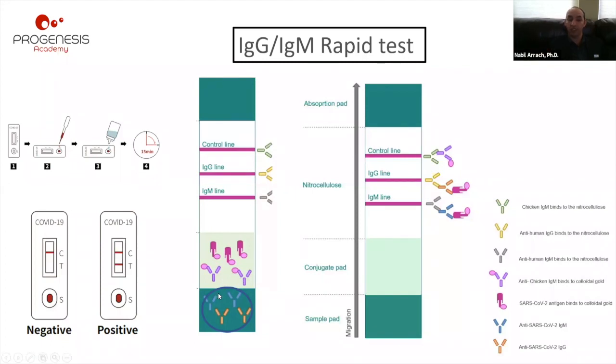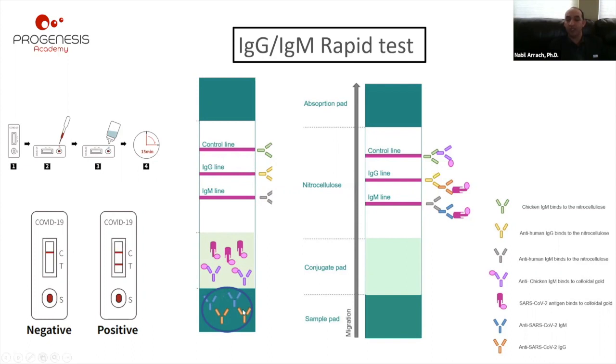So when you load your serum on this little circle, if you have any antibody, you are loading the antibody there. And the antibody will now bind to the antigen. The antigen is labeled with colloidal gold, which is just a label that will emit color when the antigen, the antibody, and conjugated antibody, all three, bind together.